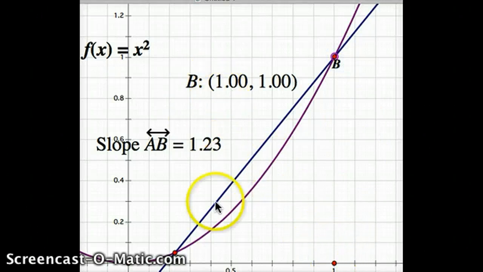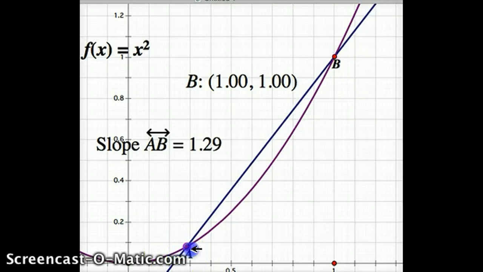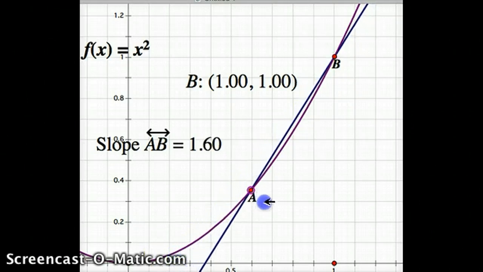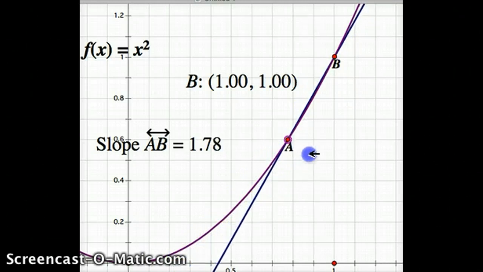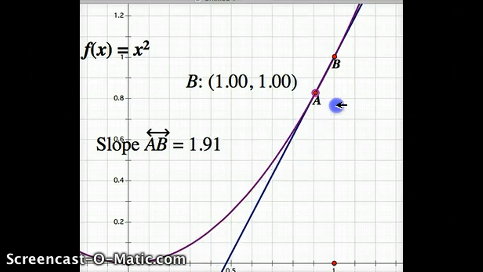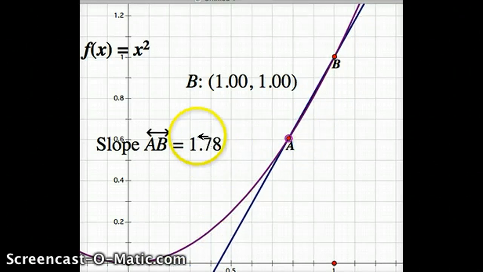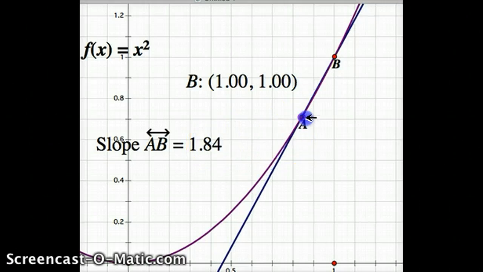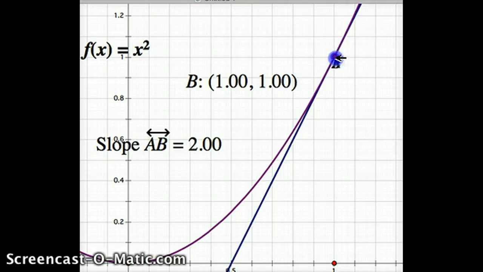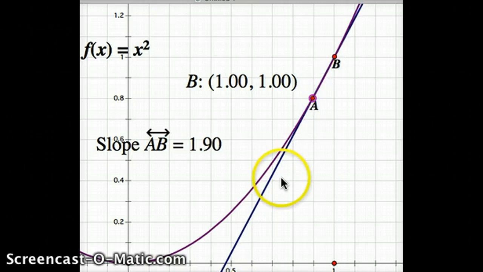You can also see it on the coordinate. Now, according to our derivative 2x, the slope of the tangent line at point B should be 2 times 1, which is 2. And now take a look over here. Notice what's happening with the slope. Okay, I can't get the tangent line, but I can get mighty close to the tangent line. See that? 2. That's really incredible.